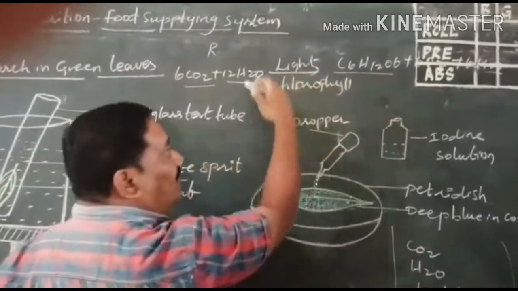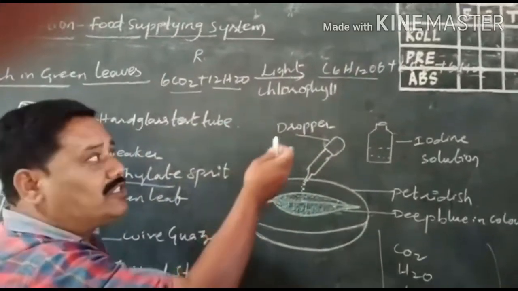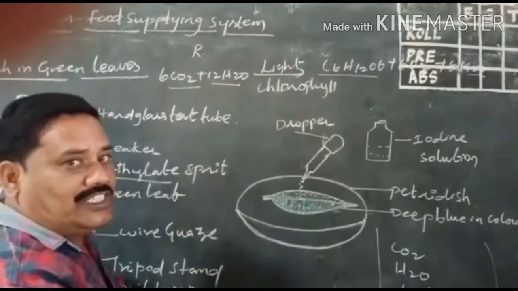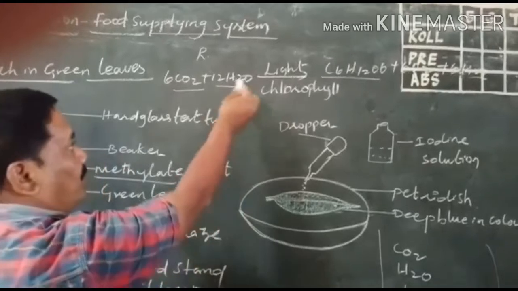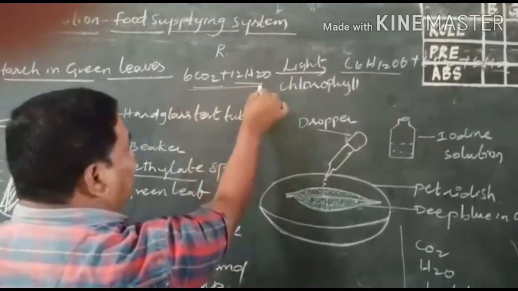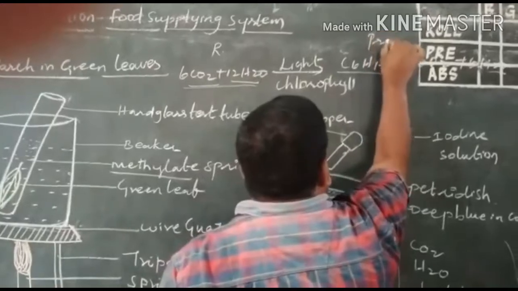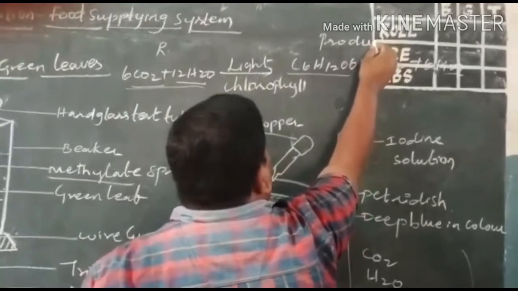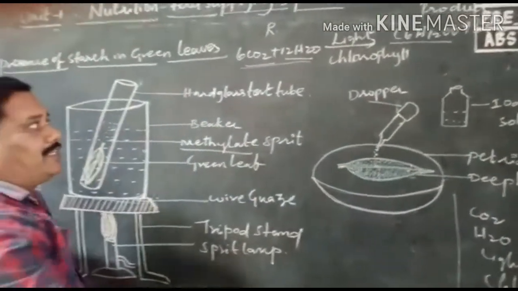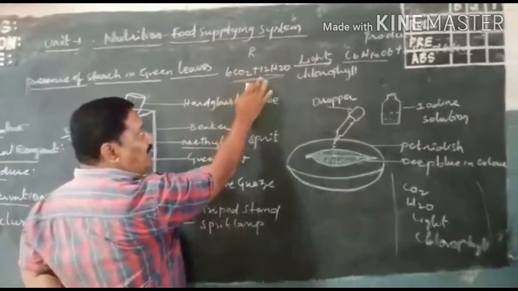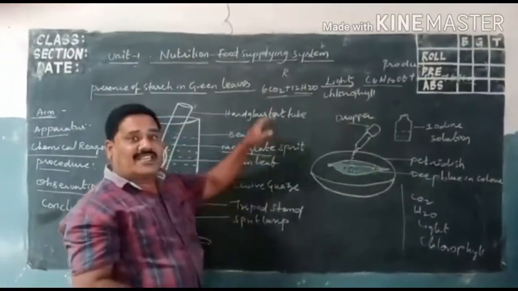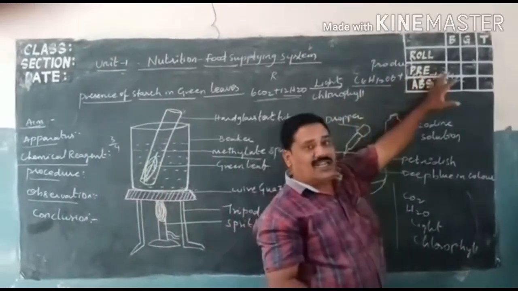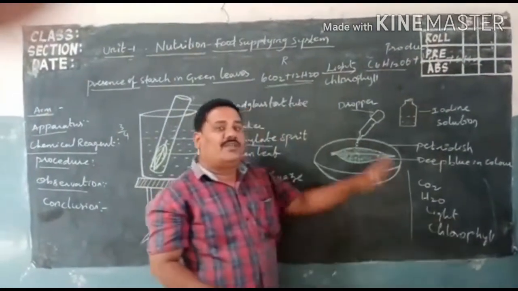End product means what we get after the arrow: glucose, oxygen and water molecules. This is very important: before the arrow are the reactants, and after the arrow are the products. So the requirement is carbon dioxide and water, and the end products of photosynthesis are glucose, oxygen and water.